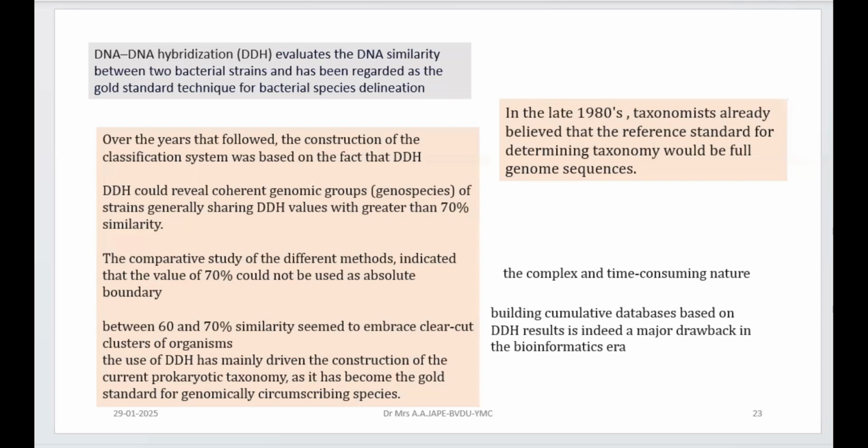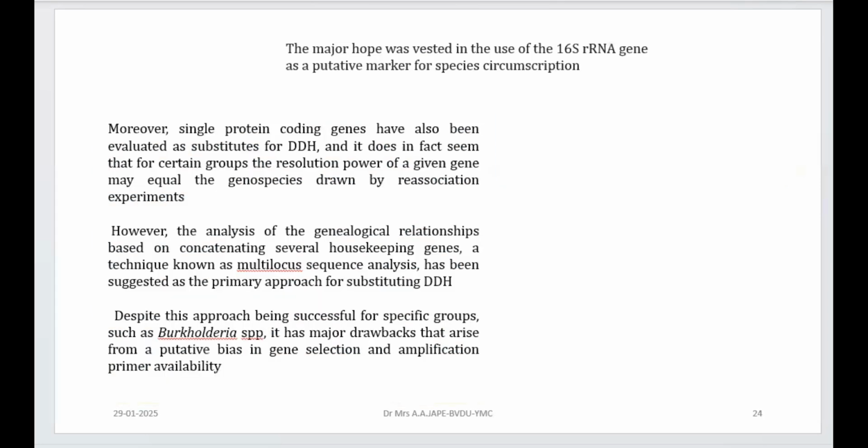So when it comes to data obtained from DDH, it is really a limitation when it comes to the cumulative databases and building of those and utilizing those, etc. So considering these limitations, people have talked about some supplementary methods.